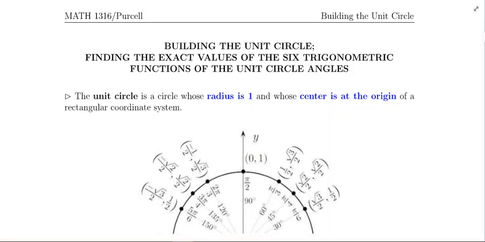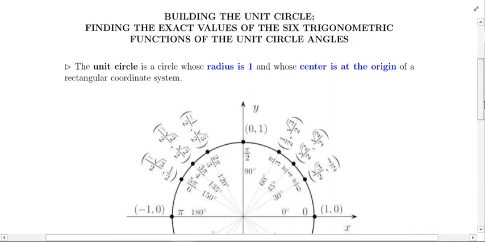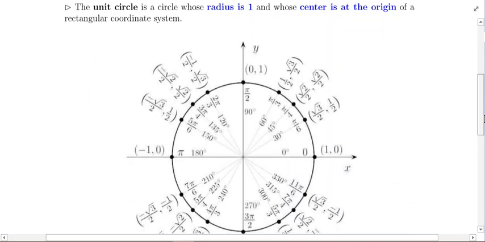If we scroll down, there is a picture of the complete unit circle. Again, very important from what we just read. You've got a circle centered at the origin of the XY plane, the origin 0, 0, and the radius of this circle is 1.